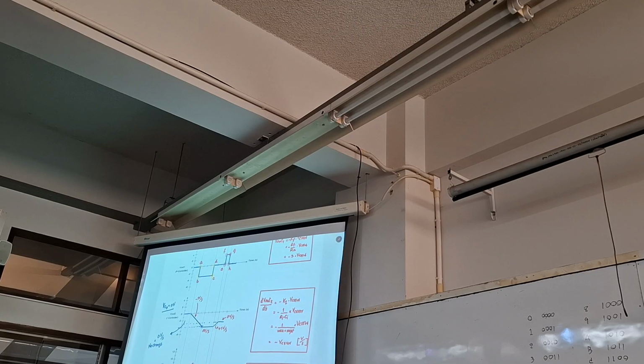We have to do with our G position. Here is about 3 volt, and this point is minus 3. Then you will have minus 3 plus 3, you will get 0. And this point is 0 on this time scale.